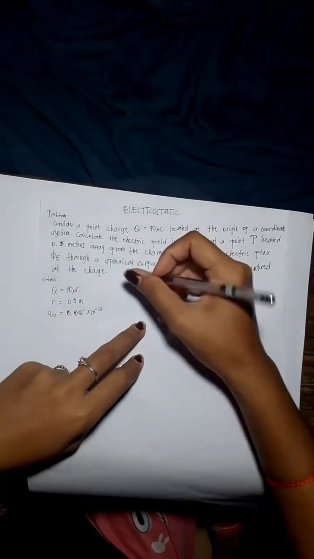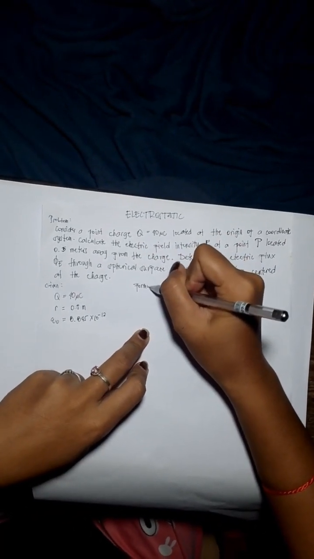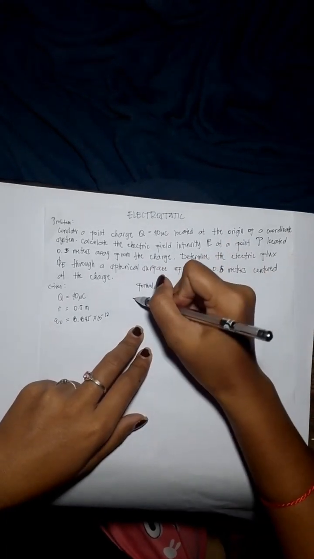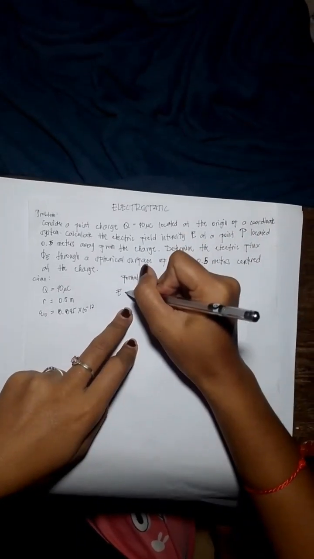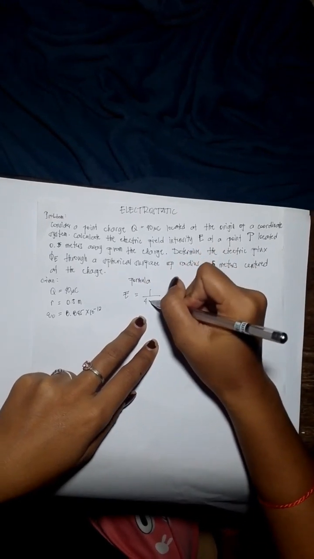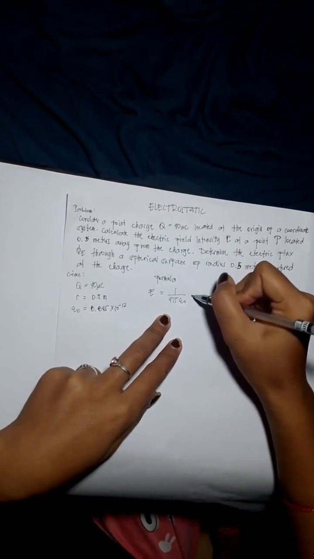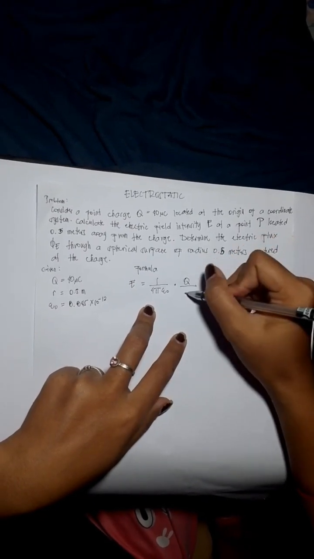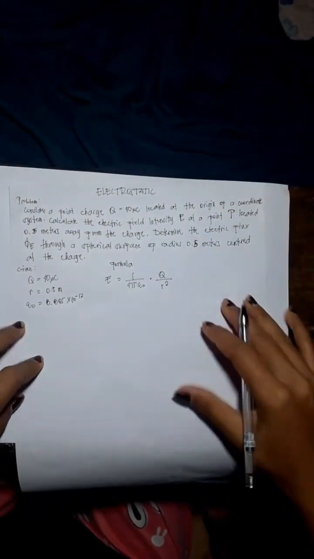So, using the formula of electric field, E is equal to 1 over 4 pi times epsilon 0 times the charge over the radius squared.